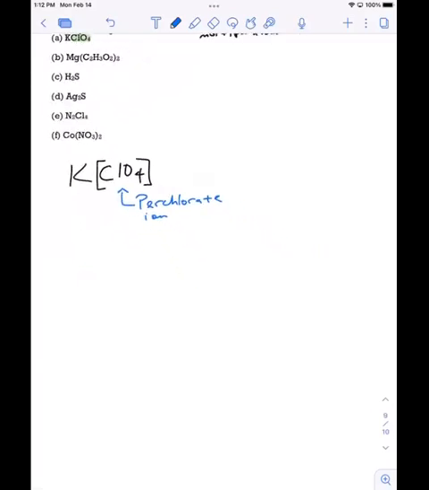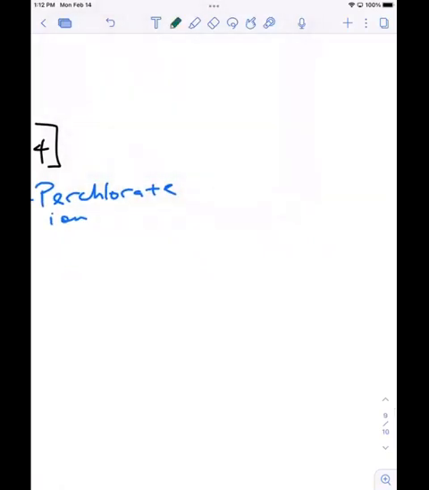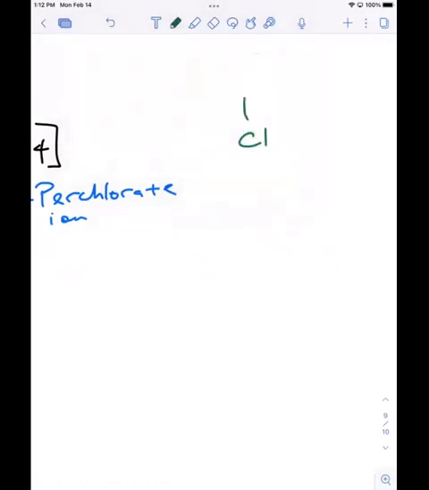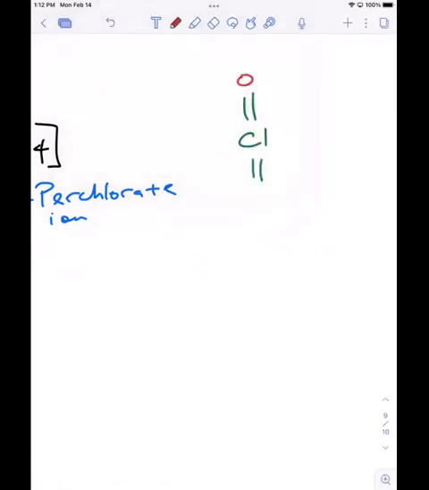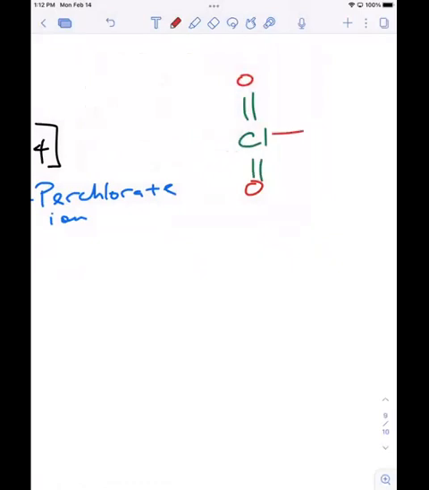So perchlorate, we haven't talked about Lewis structures yet, but let me show you what that looks like. There's a chlorine in the middle, and it has two double bonds to oxygen, and then two single bonds to oxygen. And these oxygens have lone pairs. We're going to talk about this when we start talking about Lewis structures.